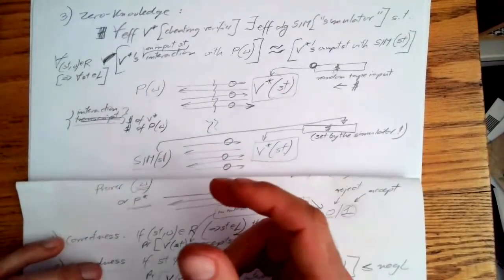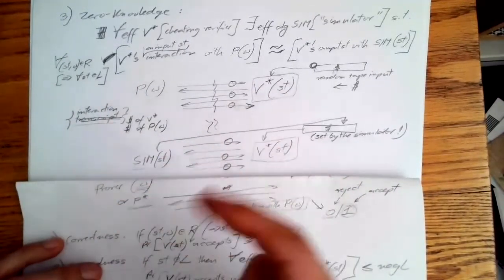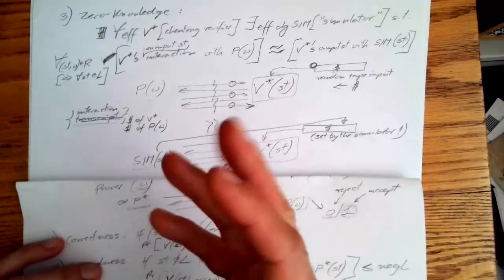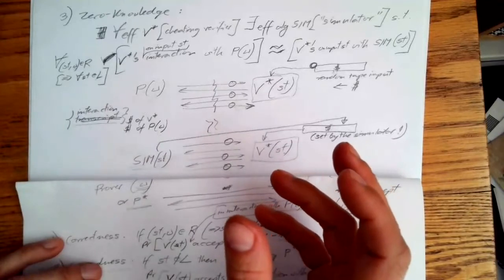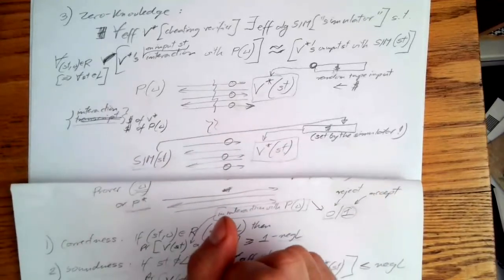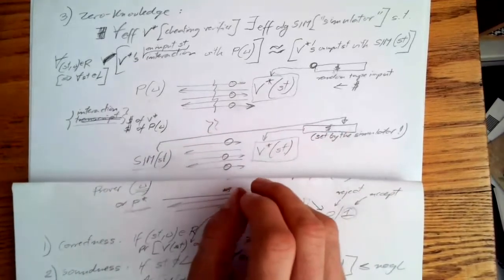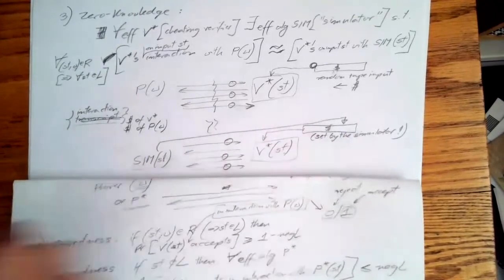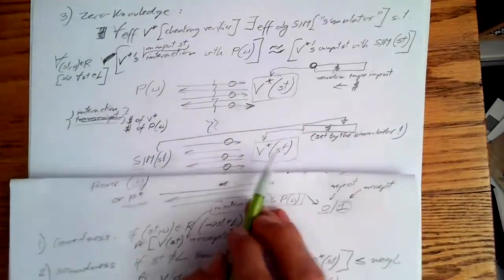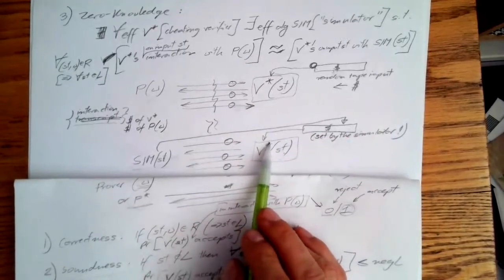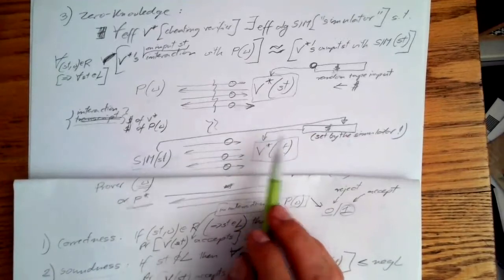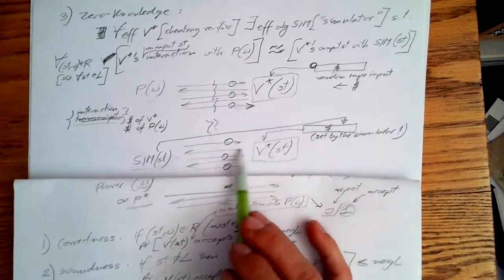In that sense, this interactive identification scheme is zero knowledge. But it's zero knowledge only if I remove the star. So only if I'm talking about an honest verifier who does the prescribed algorithm. So he just takes a random nonce and he encrypts it.